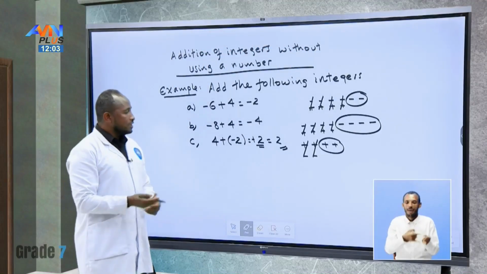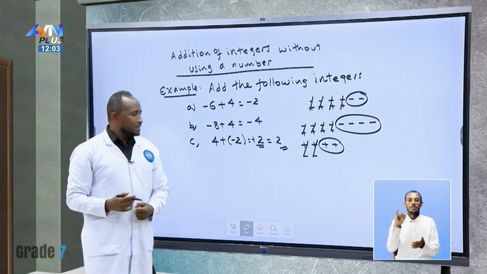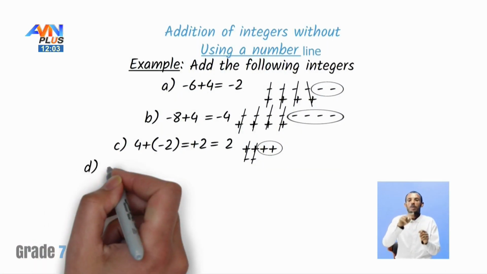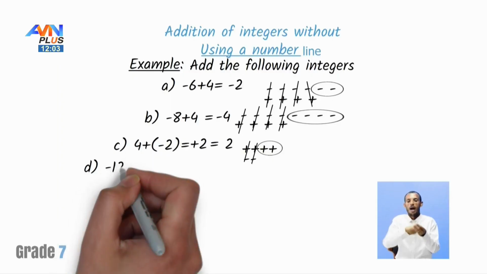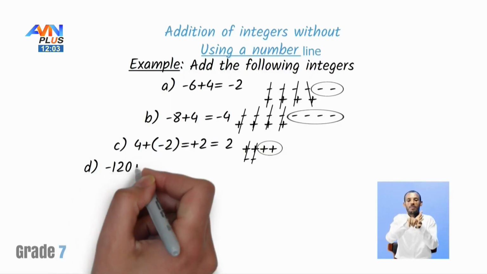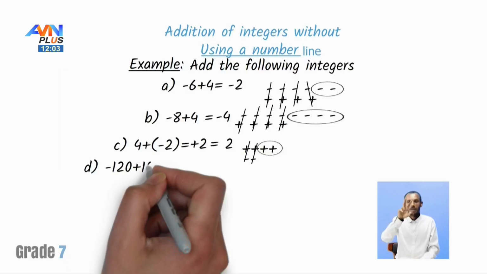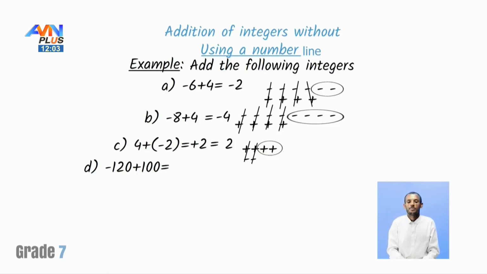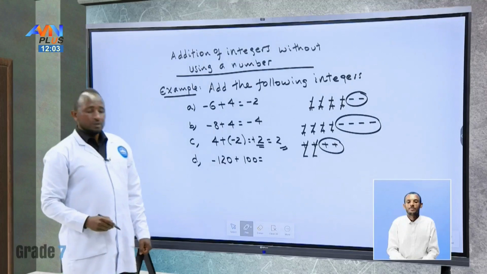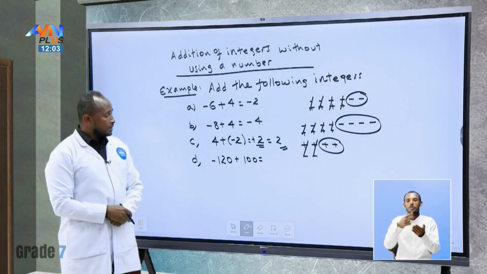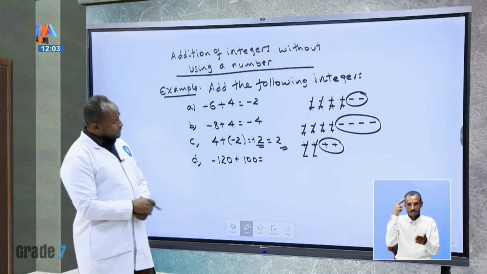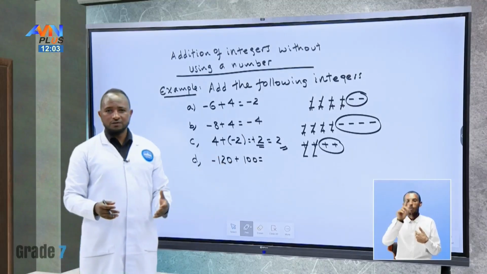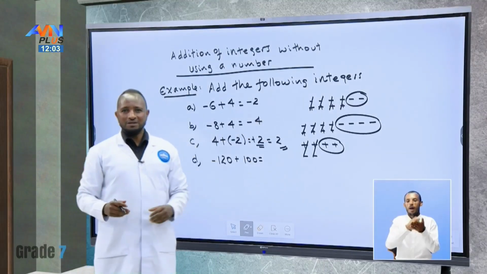So using this concept, let's try 2 questions here. Let's add these two. Negative 120 plus 100. Let's see this question together. In this case, since we have 120 negatives and 100 positives, writing this in detail is difficult.